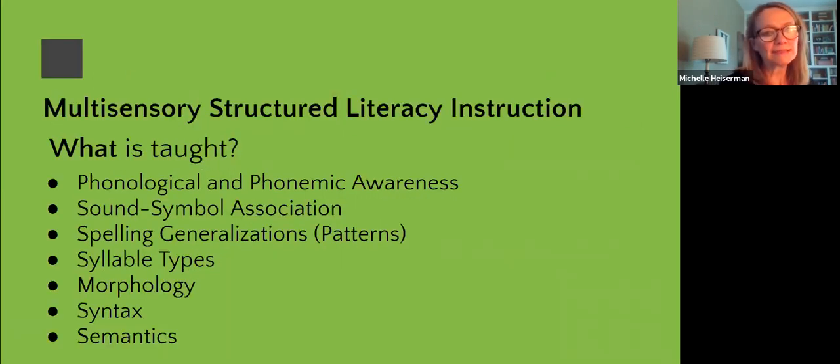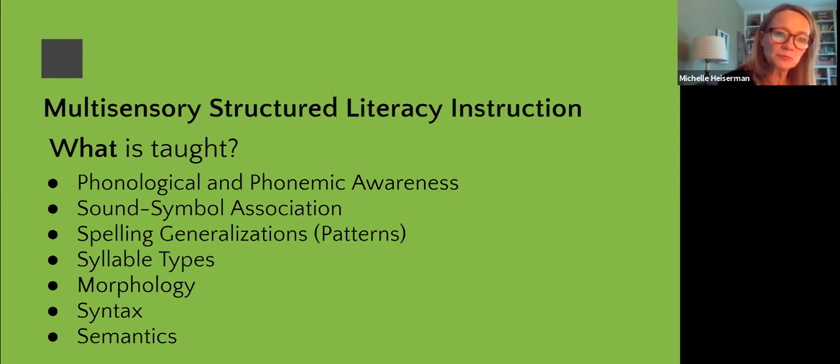When we think about multisensory structured literacy instruction, we can think about all of these different things that are taught. When looking at this list, we see that it doesn't differ a whole lot from any good linguistic focused instruction for learning how to read.